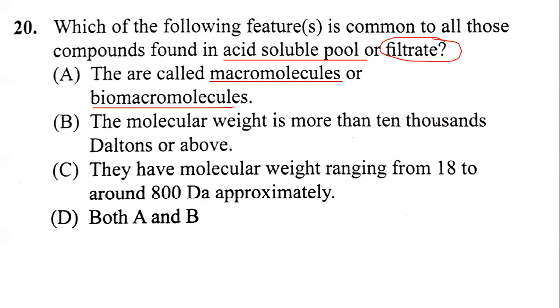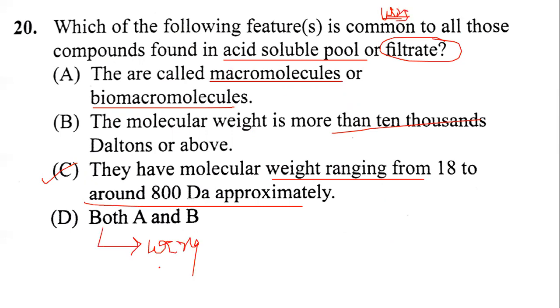Molecular weight more than 10,000? No, for biomicromolecules it is less. They have a molecular weight ranging from 18 to 800 Dalton. If the question was to find the wrong statement, then your answer would be D, because statements 1 and 2 are wrong with respect to the filtrate. Here you have only one option, option C, which is correct.